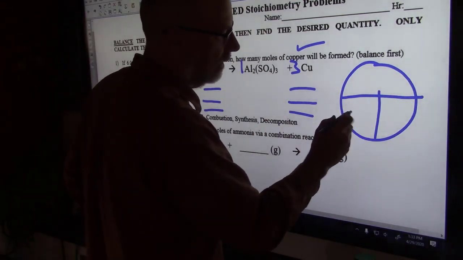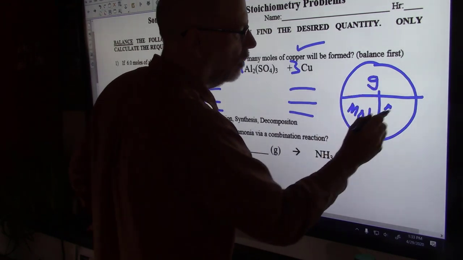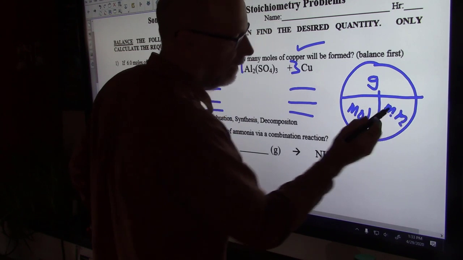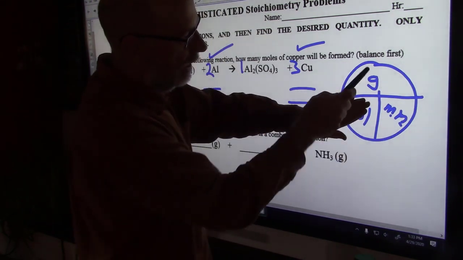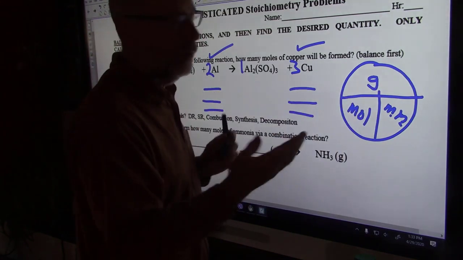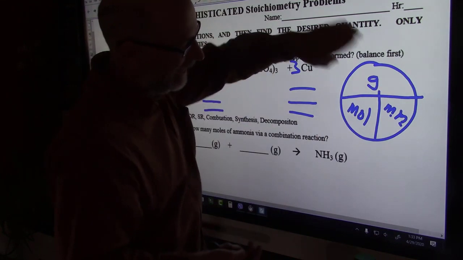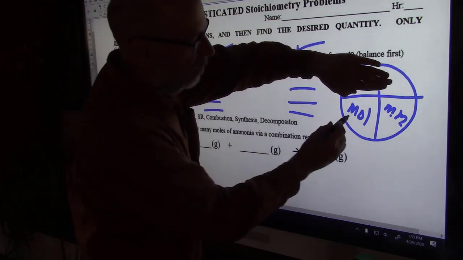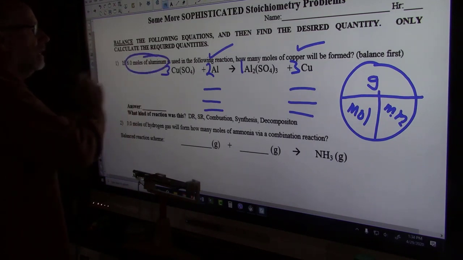The calculator that we used said that moles equals grams divided by molar mass. If you've forgotten, let's say you wanted to calculate moles. You cover up moles, and that would be grams divided by molar mass. If you had to get molar mass, you cover up molar mass, and it's grams divided by moles. If you want to get grams, cover up grams, moles times molar mass. That's how that works.